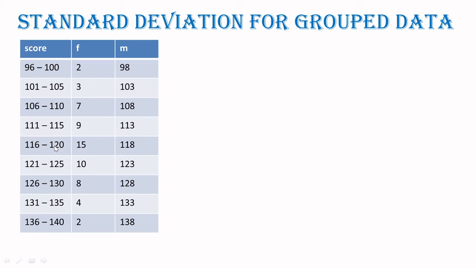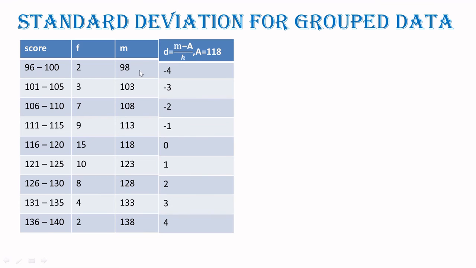Here we have to subtract the lower limit from the upper limit to get h. In this case, the number of values in this class is 5, so we have to include 96 also: 96, 97, 98, 99 and 100. So we have 5 values for each and every class, so h would be 5 here.